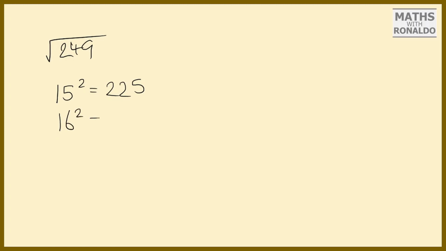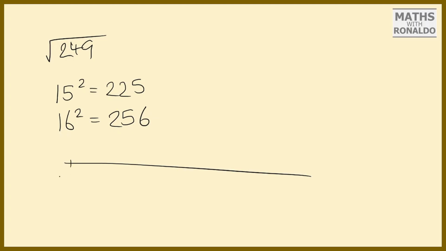We can also estimate roots. For example, if I asked you for the square root of 249, you wouldn't know that. But what we do know is that, for example, 15 squared is 225 and 16 squared is 256. And we know that 249 is somewhere between them, so we can write it on a number line.